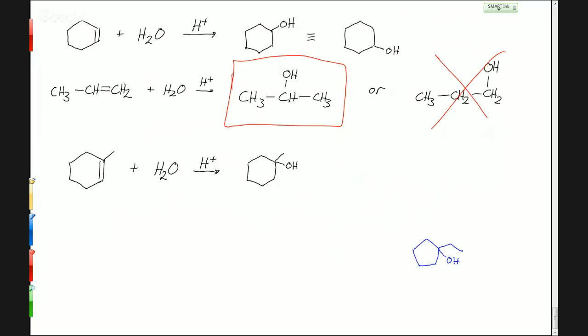This is our desired product of our reaction. We know we want to make it from some kind of alkene. So we want to add an alkene to water with some acid catalyst and make this molecule. What molecule should we start with? See if you can draw a molecule that would make this. And if you get one, there's actually two that would make the same product when they undergo hydration.